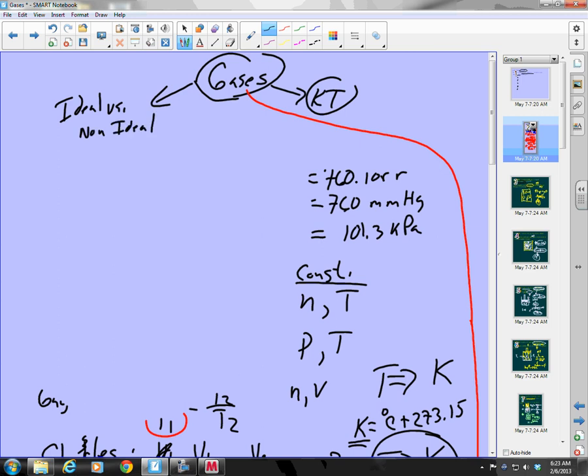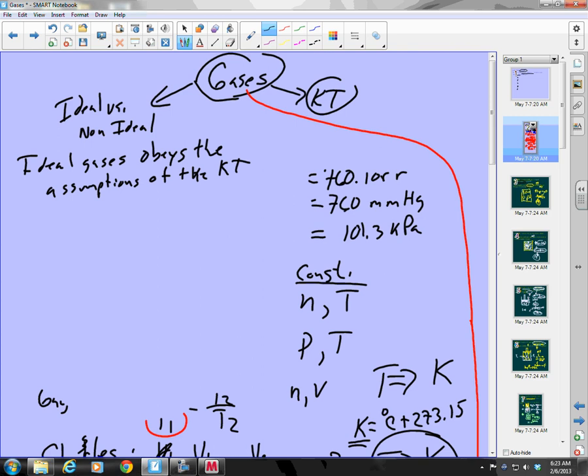Well, very simple. An ideal gas obeys the assumptions of the kinetic theory, right?